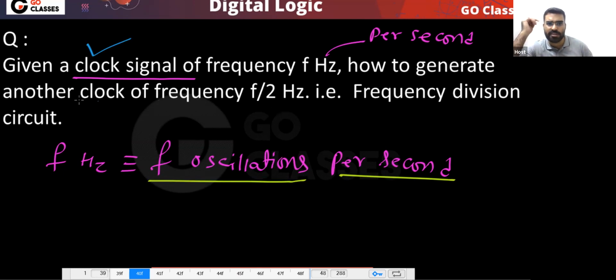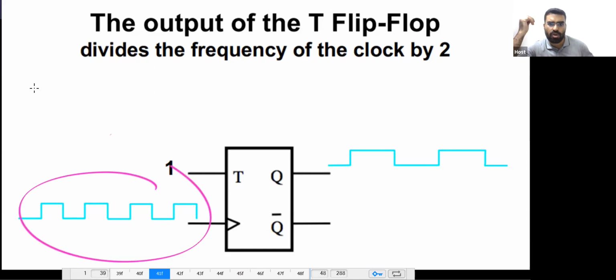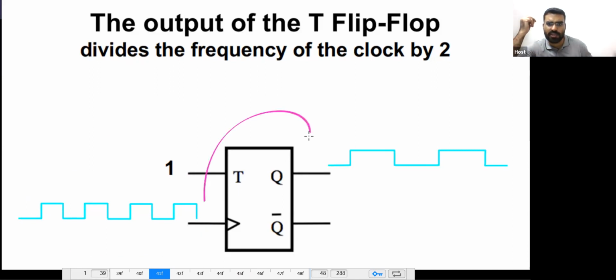Then how can I generate another clock of half frequency? I will use a T flip-flop, which we have already seen. Very simple: just pass this clock through a T flip-flop.